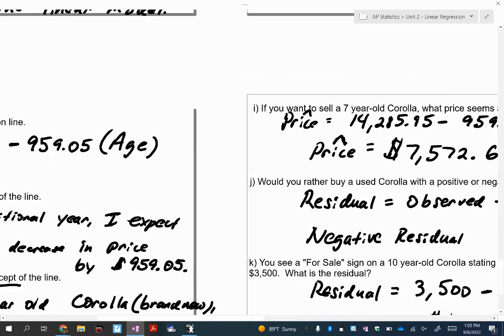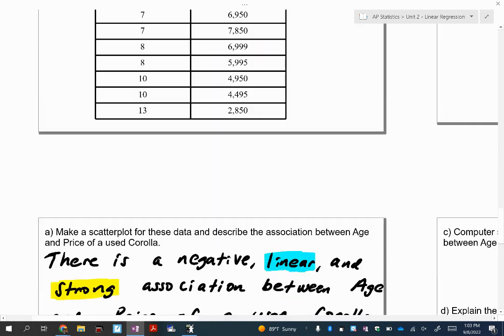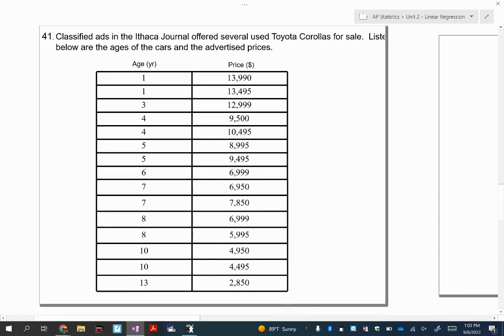This is a concept that we'll talk about in this chapter. If you go back to all your data values, the youngest car was a 1-year-old car, all the way up to the oldest car, which is a 13-year-old car. Anything that is not in that range of your X values, not between 1 and 13 years old for these cars, is what we call extrapolation.